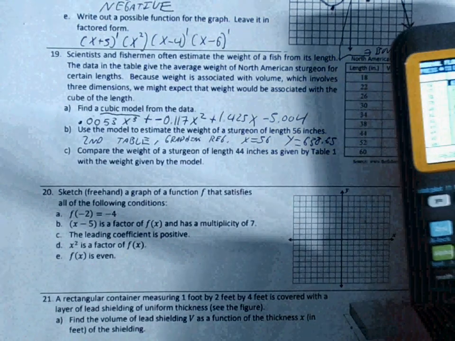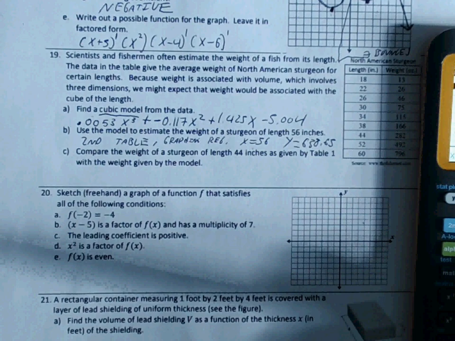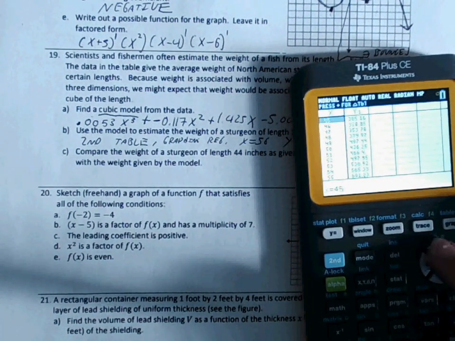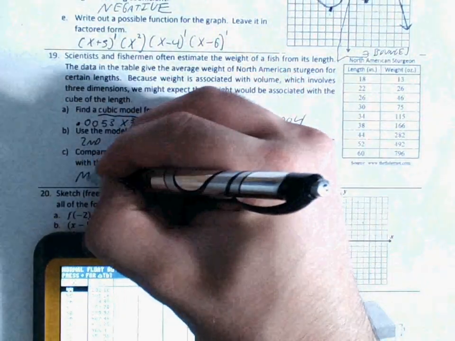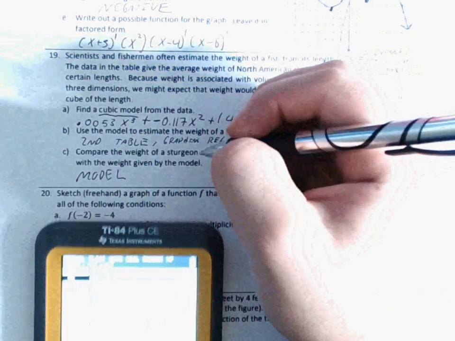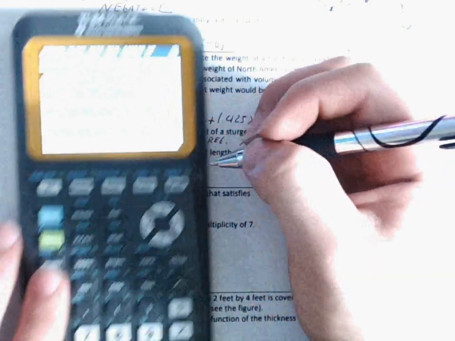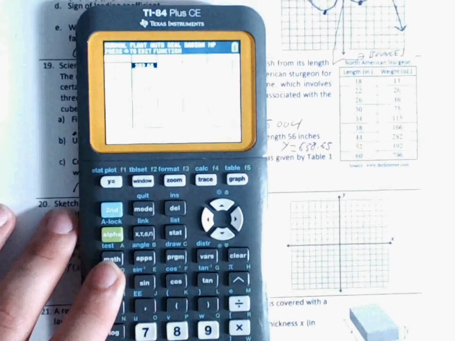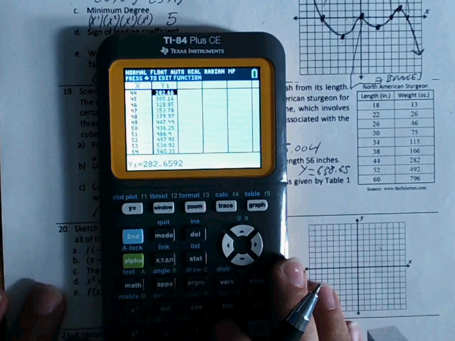So that's saying if x is 44, so I'm going to scroll up from 56 to 44. The model says that when x equals 44, y is equal to 282.66.